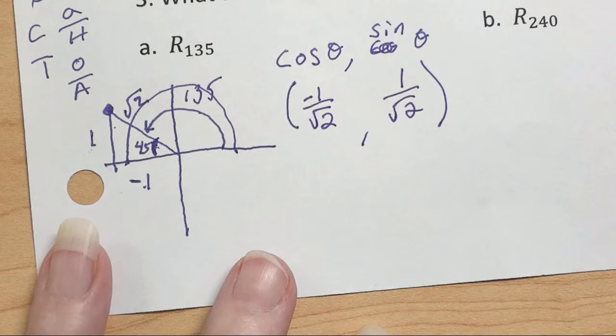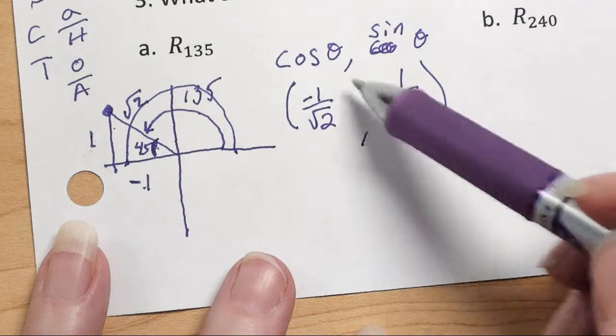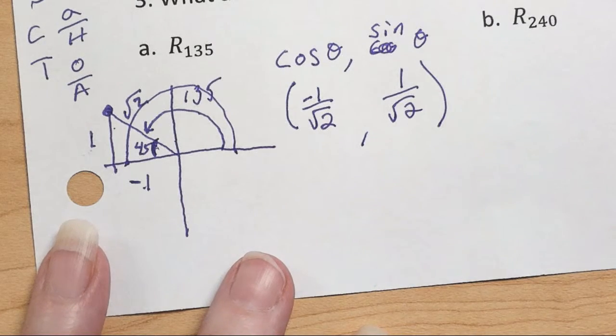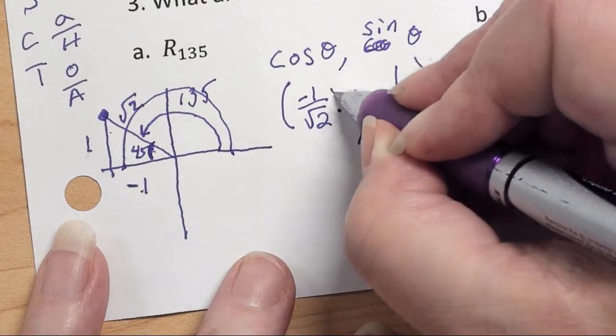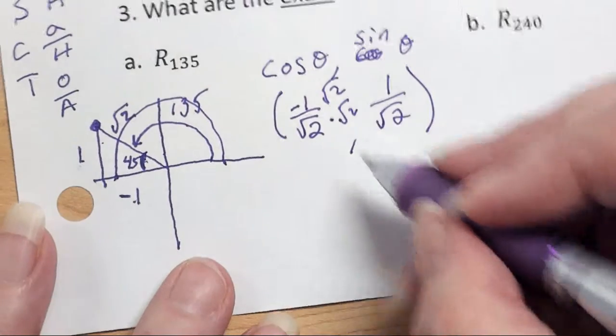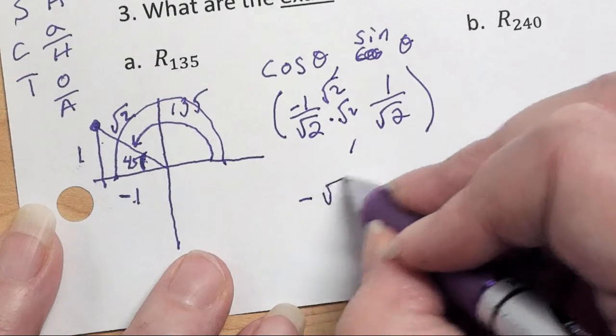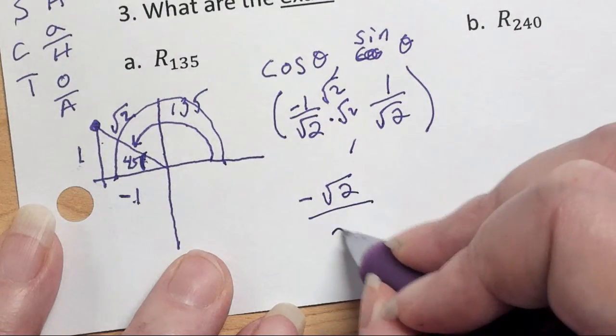Can I leave square roots on the bottom? No. What do I have to multiply the top and bottom by on both of them? Square root of 2. So I'm going to go square root of 2 on both of them. So this one is negative square root of 2 over 2.